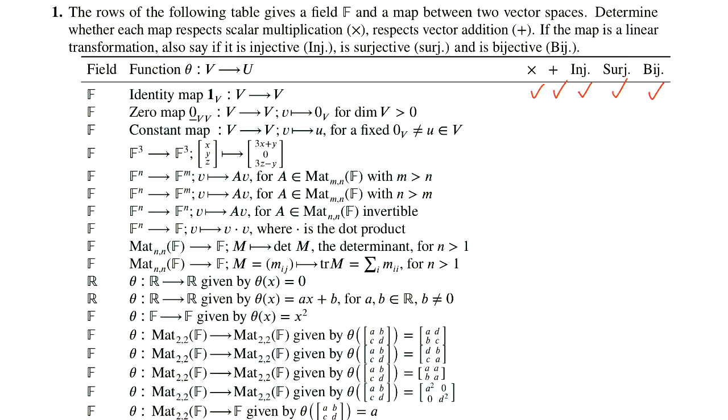Now the zero map. So this takes everything in the vector space V and spits out the zero vector. Does that sound like a linear transformation? Certainly does, yeah. Is it injective? Certainly not. It's mapping lots of things to zero.